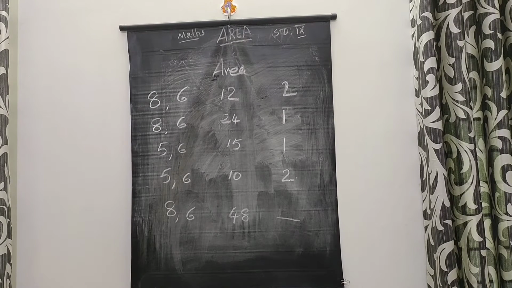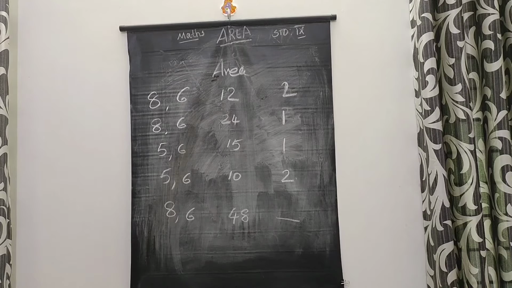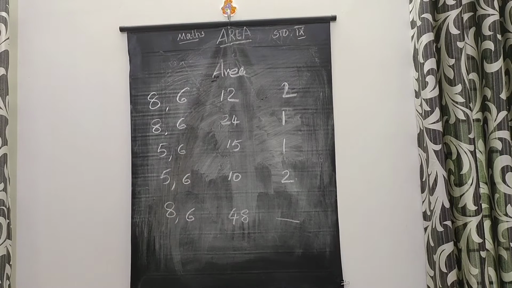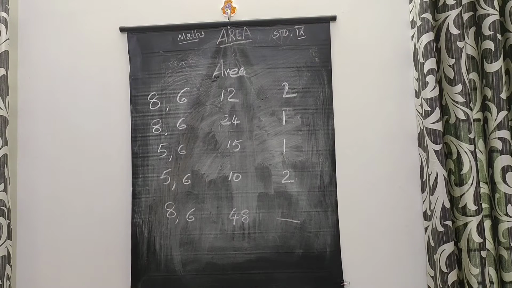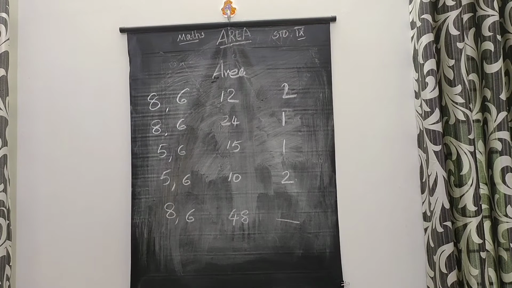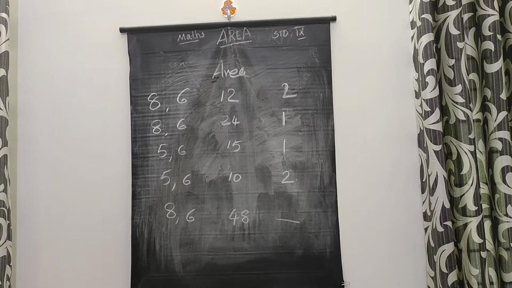Once again I repeat, the area of a triangle using any two sides is at most half of the product of the sides. It is the maximum area made by those sides, and that triangle is a right triangle.